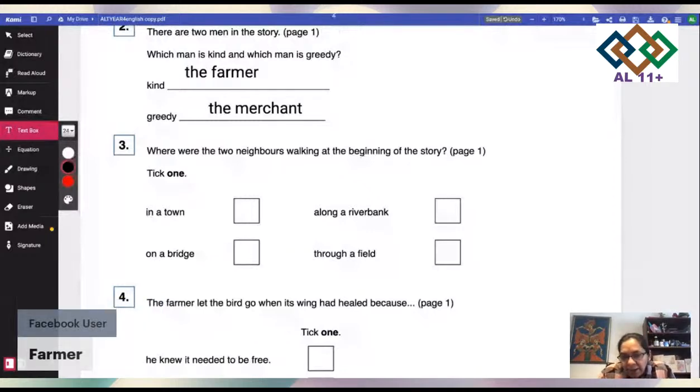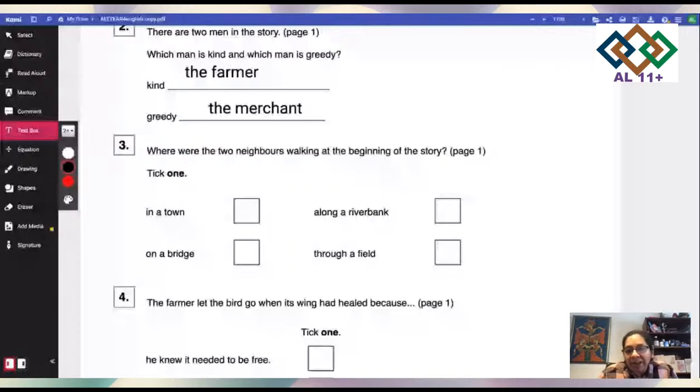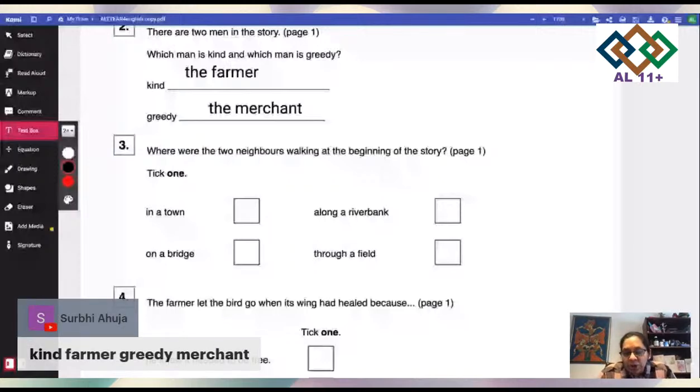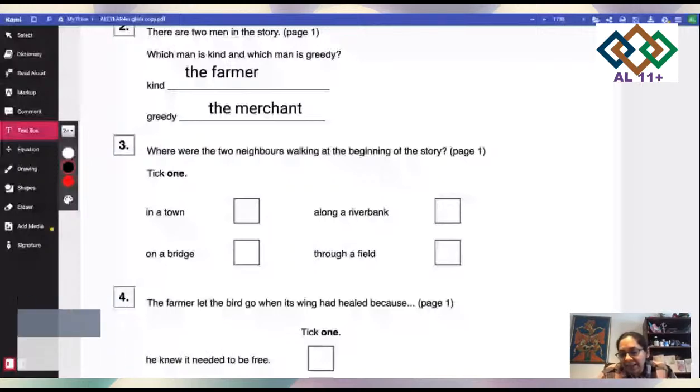And I got another one here. It's saying the farmer. So he meant the farmer was the one who was kind and the greedy one was the merchant. I am Anvi. Okay, Anvi, that's good. So I'm just putting some of your answers. Well done, guys. You guys are really clever.